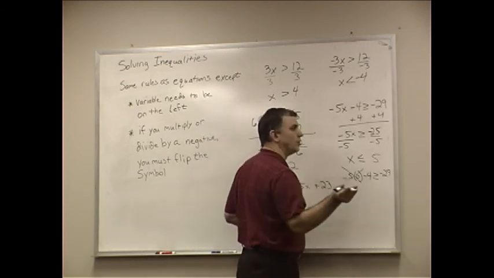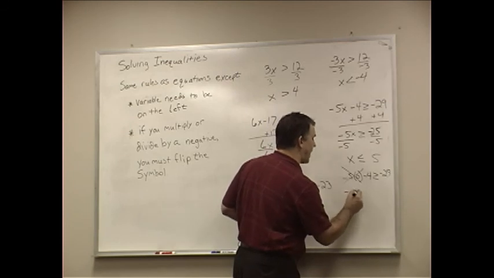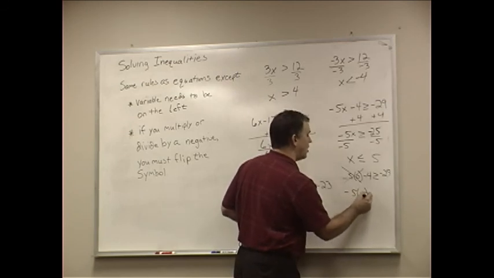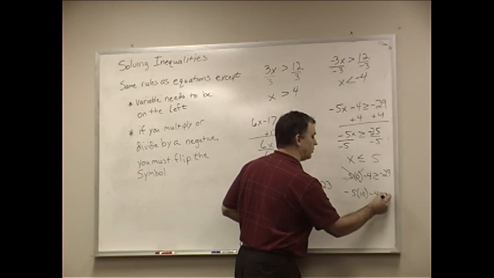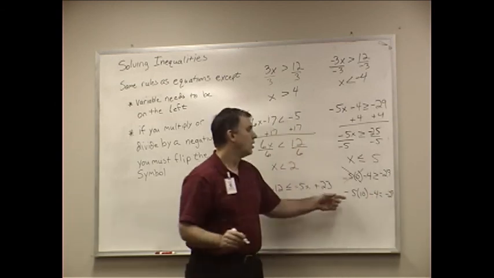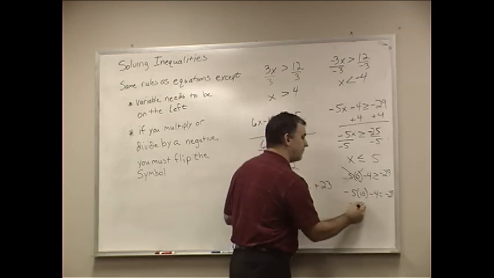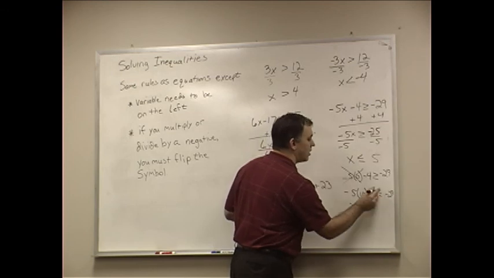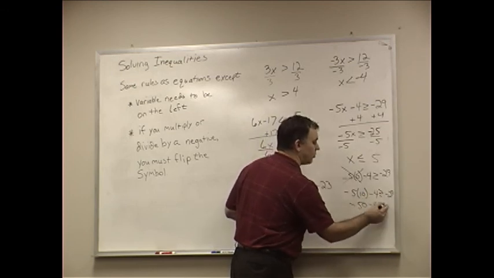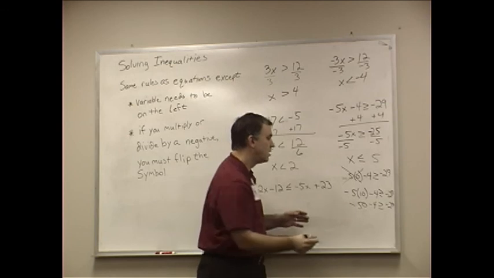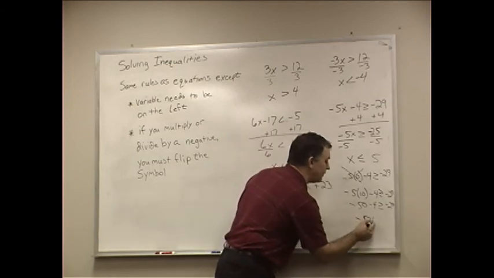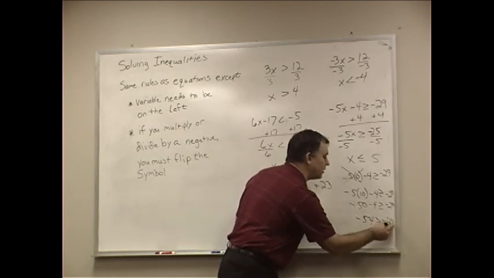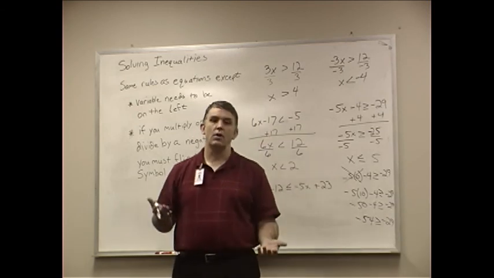And let's say I had chosen 10. Negative 5 times 10 minus 4 would give me negative 50 minus 4 is greater than or equal to negative 29. Is negative 54 greater than or equal to negative 29? And the answer is no.